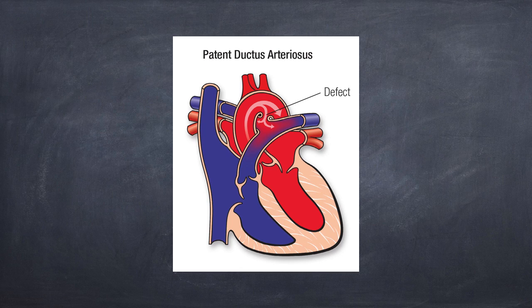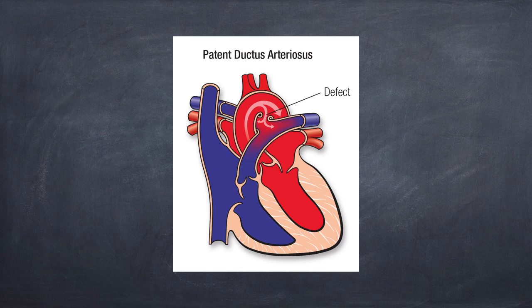There is a separate topic known as fetal circulation, which I will explain in upcoming videos. Remember this point alone: ductus arteriosus means a connection between two arteries, the pulmonary artery and the aorta.